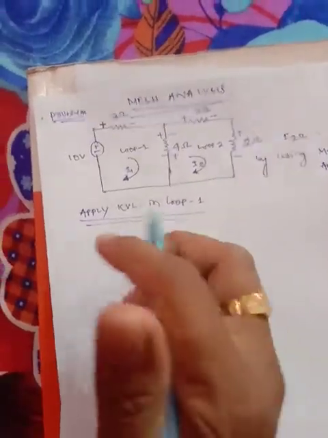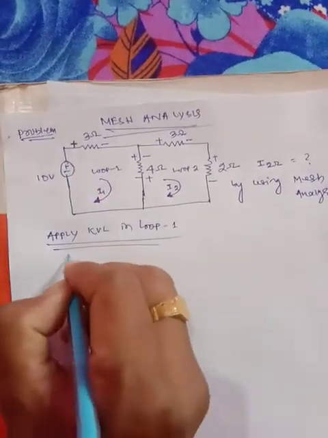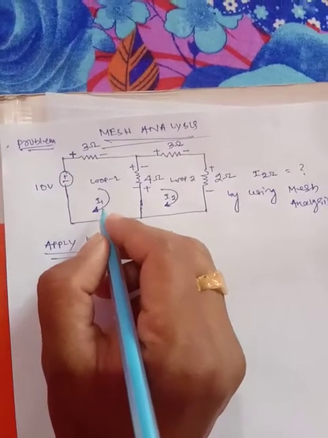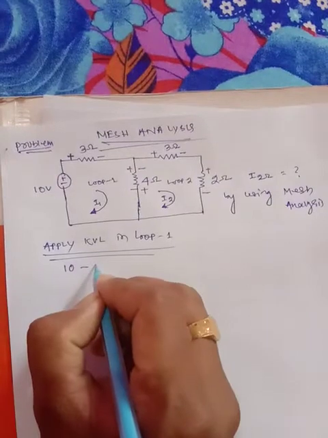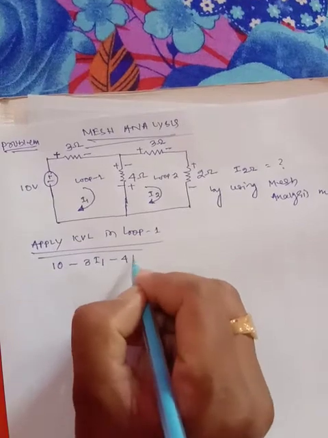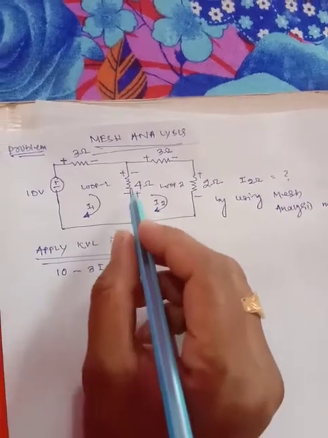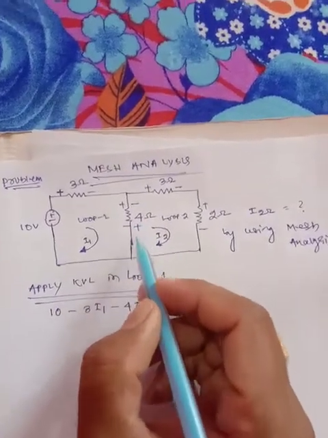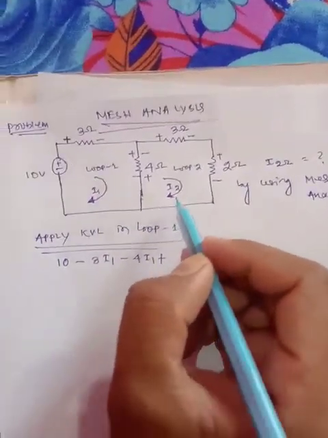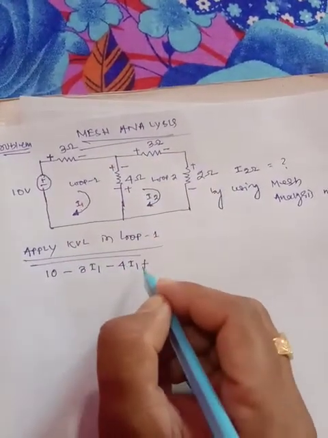So in loop 1, negative to positive is the fixed polarity. So 10 minus, here a single current I1 is flowing, so minus 3I1, minus 4I1 plus. It is a common point, the common resistance, 4 ohm, through which both currents I1 and I2 are flowing. So positive to negative, that means negative 4I1 plus 4I2 equals 0.